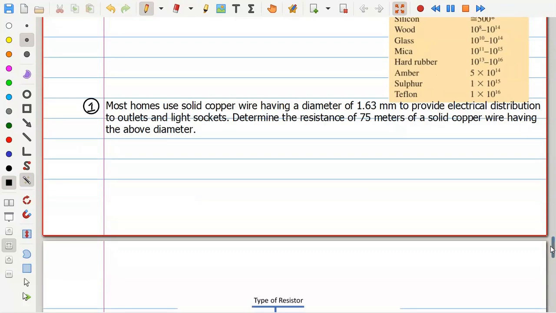All of you might have seen in your home how the power supply is connected to various devices through a conductor. Have you observed what kind of conductor it is? Mostly copper wire. And in most cases the conductors are circular in shape.